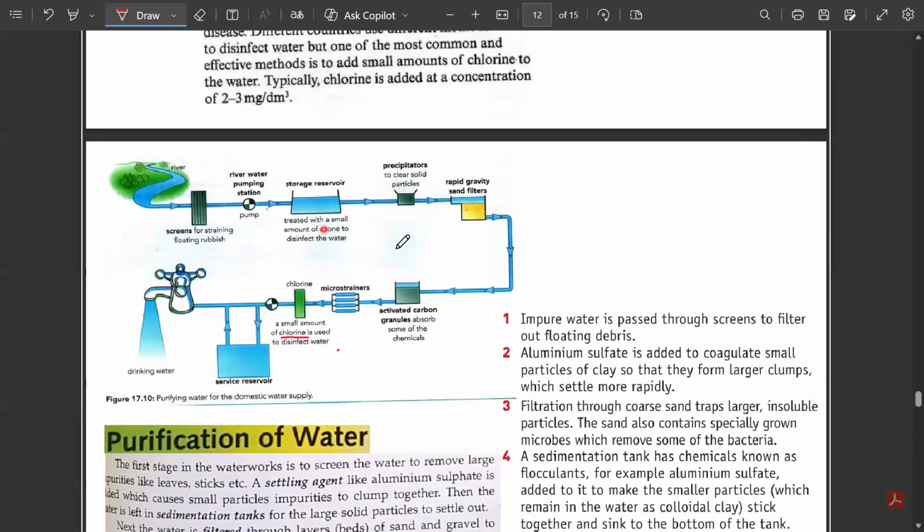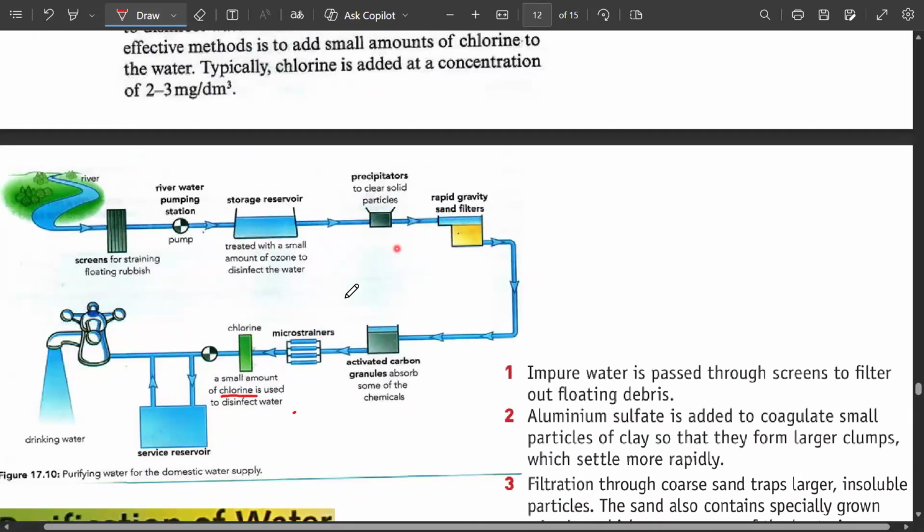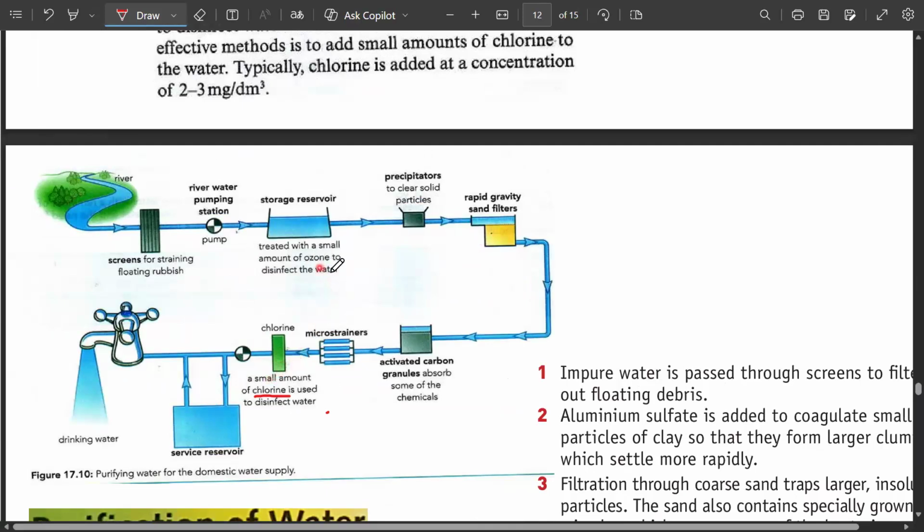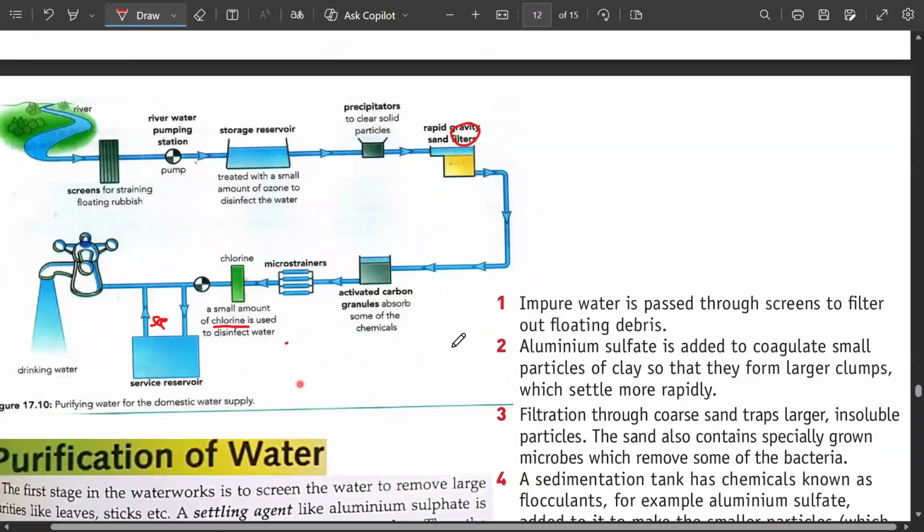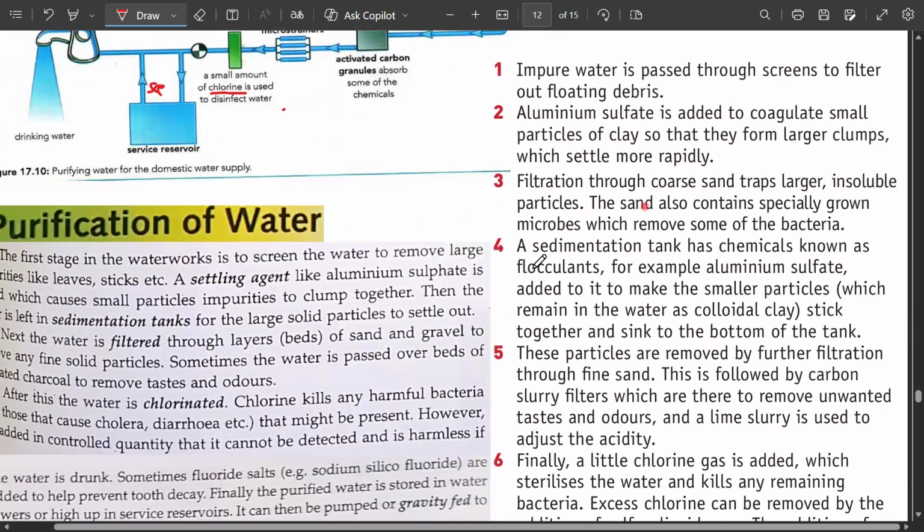If this is a sedimentation step, like over here, we have the filtration, this one. This is the filtration, and this is sedimentation. They have not clearly indicated in this way, but you can see the explanation over here. Sedimentation step is the fourth step.